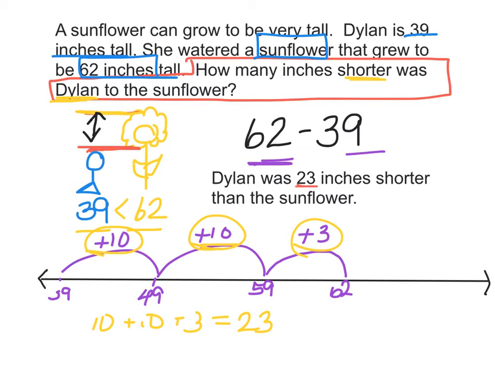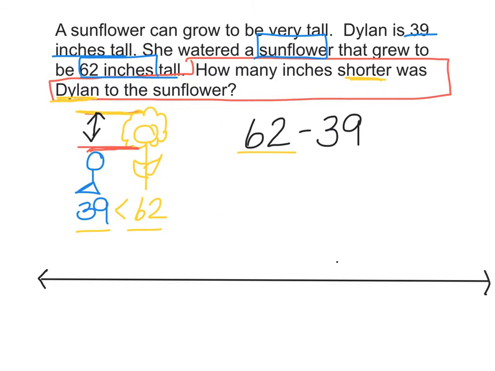Instead of counting up by tens and ones, we're going to take away tens and ones. So remember, when we're subtracting, we're going to start with the greater number, which is 62. And we're going to count back, or we're going to subtract 39. So I'm going to start by taking away 10, because 10 is a friendly number. 10 is very easy to subtract.